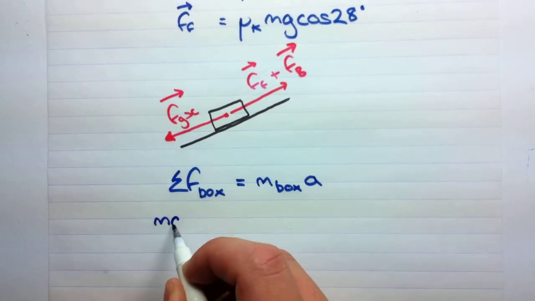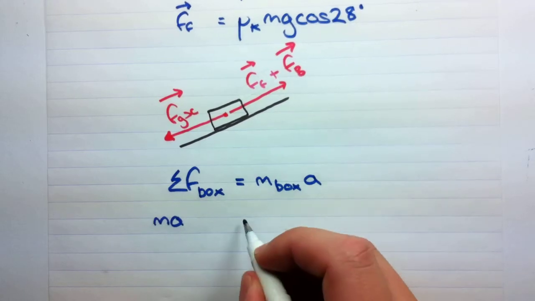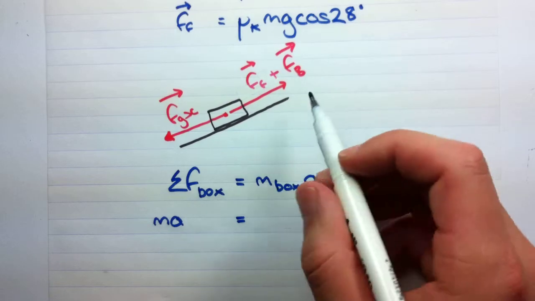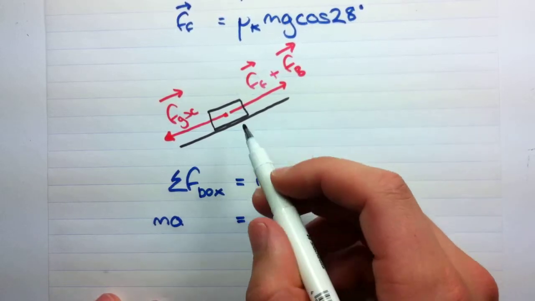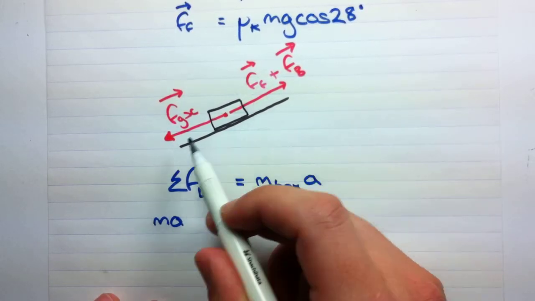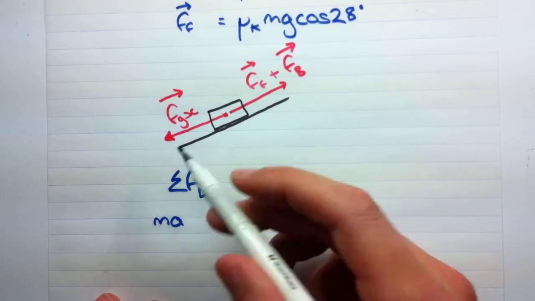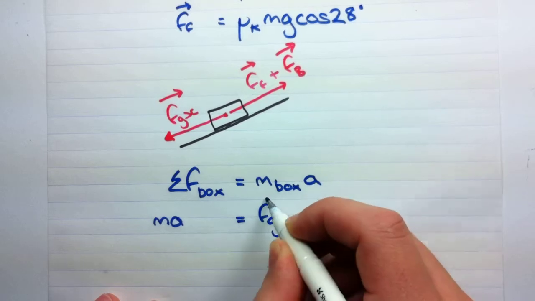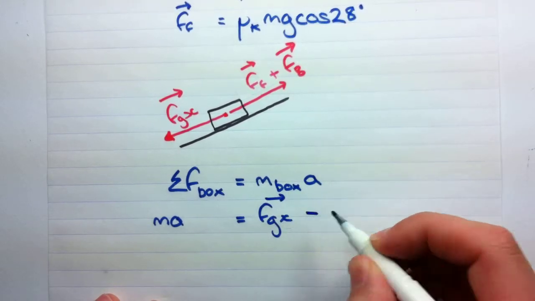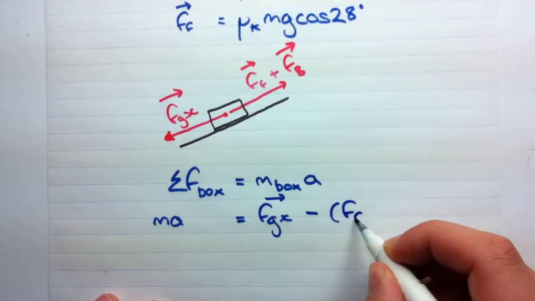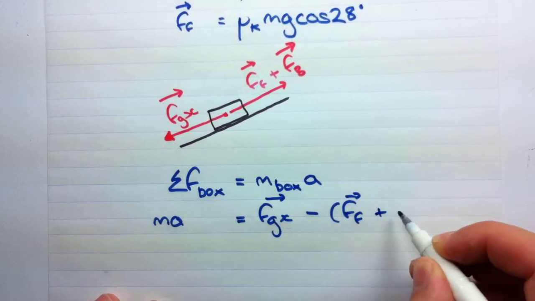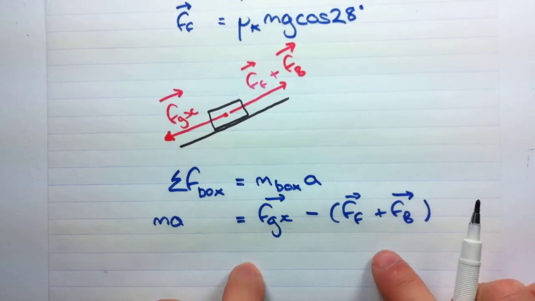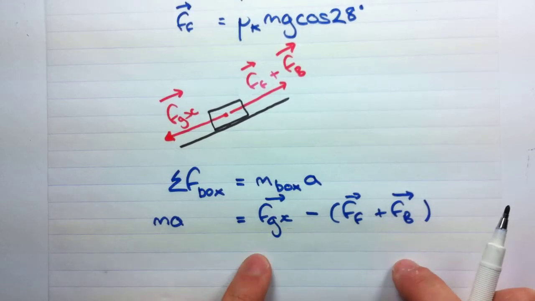Another expression we have for the net force is just to sum the forces. So we're going to say it's accelerating in this direction, so we'll define downwards as positive. And then these two forces are going in the opposite direction: force of friction and force of the boy. So that's another expression that we have.